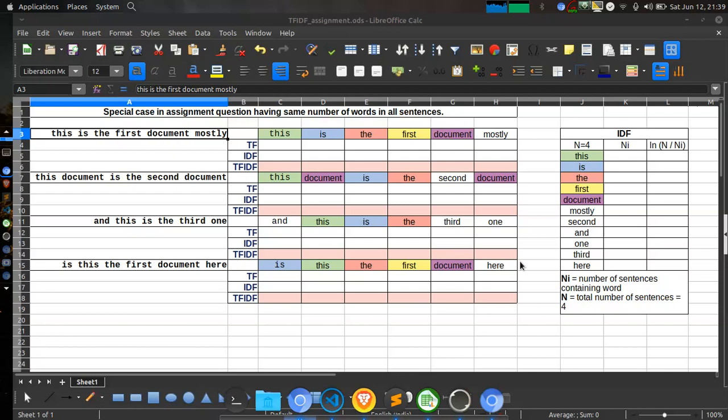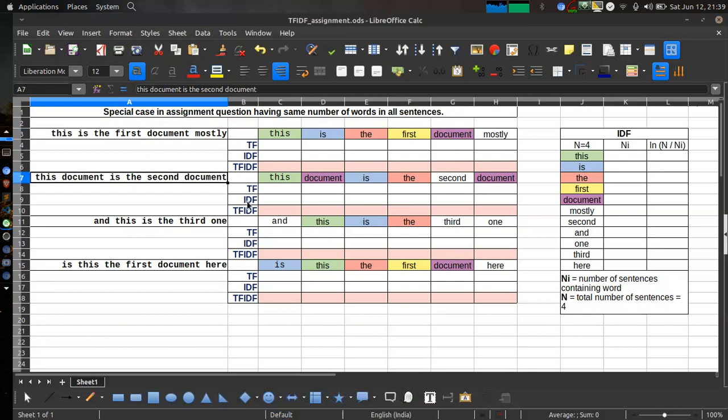We will discuss what the normal way to calculate TF-IDF is. TF-IDF is term frequency inverse document frequency, so TF multiplied by IDF is TF-IDF. TF is calculated in a sentence, and IDF is calculated on the whole corpus, all the documents.